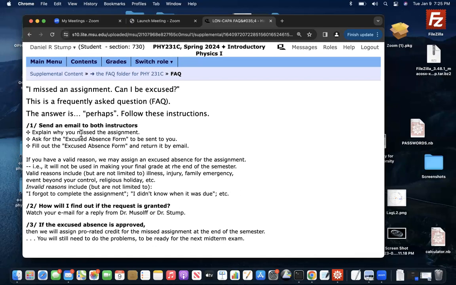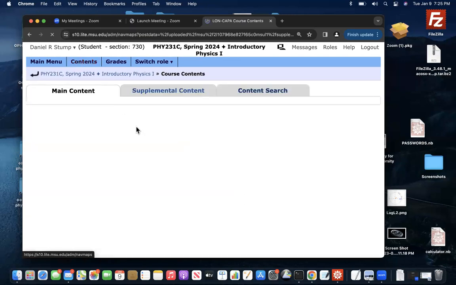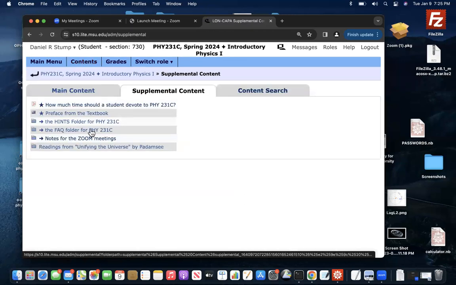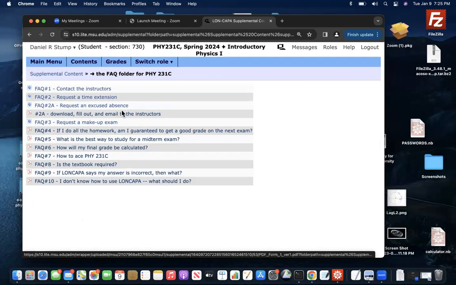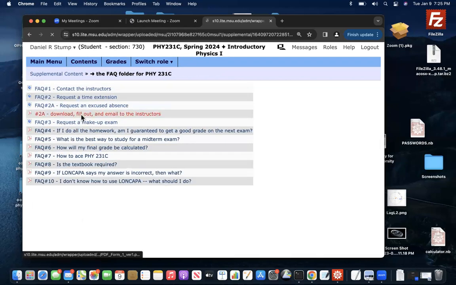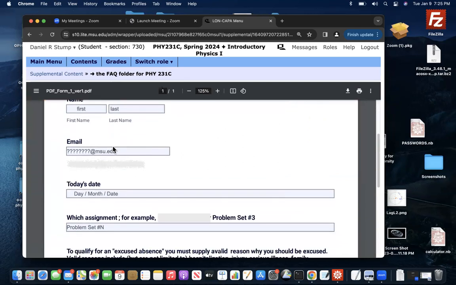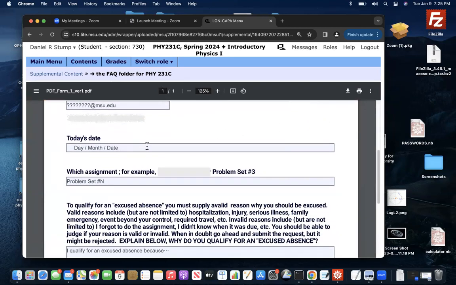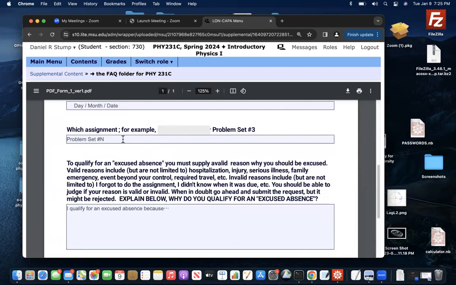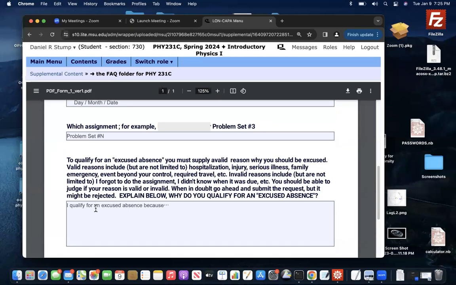the excused absence form. So that's back again in supplemental content. Download this form, fill out your name, your email, the date, what problem assignment you're asking to be excused from, and your reason for wanting an excused absence. And if you have a valid reason, we can give you an excused absence.